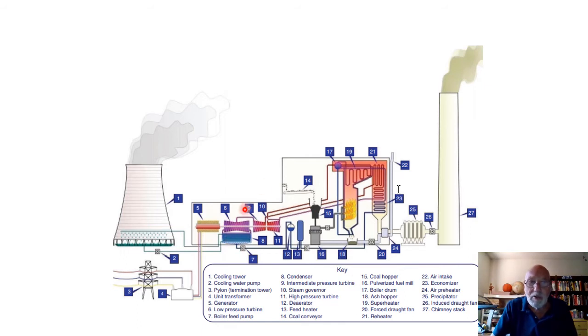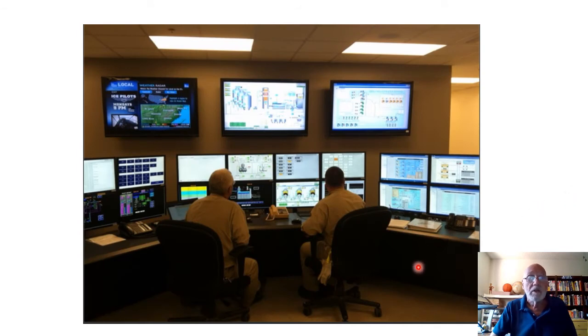And if you have in between the inputs and the outputs a computer that allows you to adjust it to the optimum value it should be, then you really maximize the efficiency of the steam plant. There's a steam plant control room, and even with a computer, you can kind of gather by all these different screens the complexity of running the steam plant.